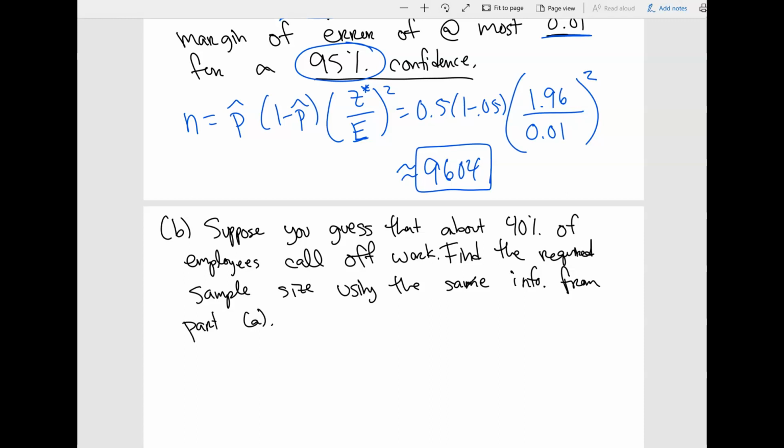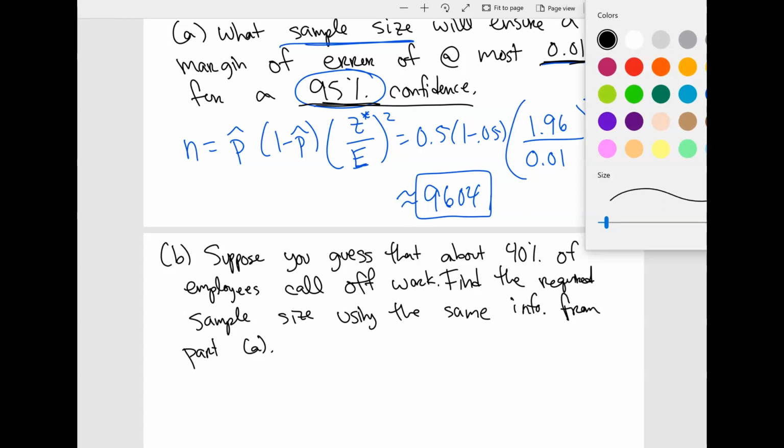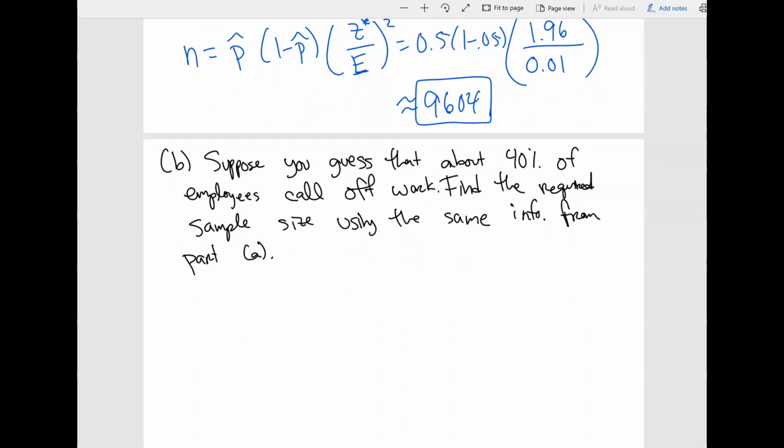So now we have some sort of guess. I'm guessing that about 40% of employees call off work. So what would be the required sample size using the same information from part A? That means I still want it to be at most 0.01 and I still want to be 95% confident. So let's plug it into the formula.